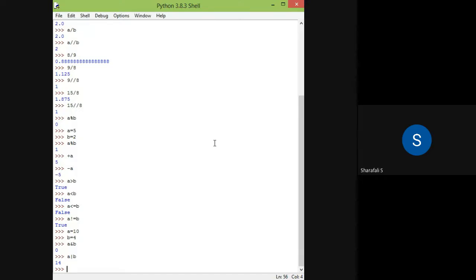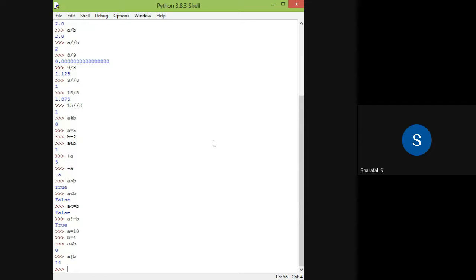Also, if you are having different operations, for example, in an expression 2 star 3 plus 5 minus 2, some operation. Obviously, that star will have more precedence, right? And then you will have plus and minus. Both come in the same precedence. So what will we do in such a situation?